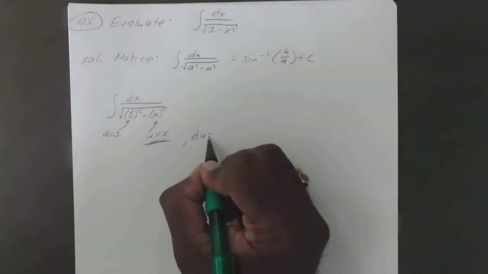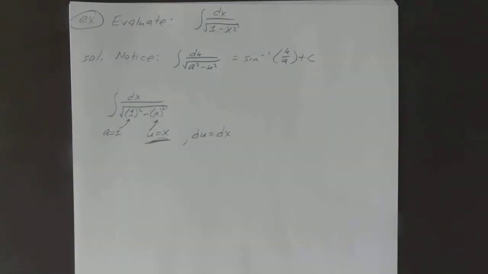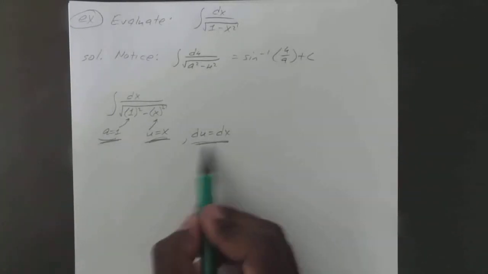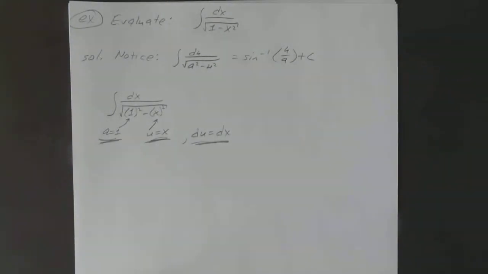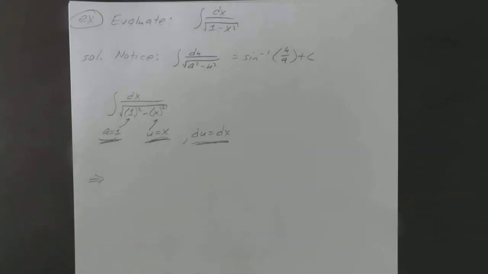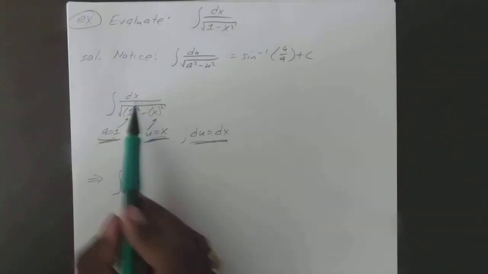And our u is equal to x. Okay. So if our u is equal to x, it means our du is equal to dx. Okay, so we have our a, our u, and our du.